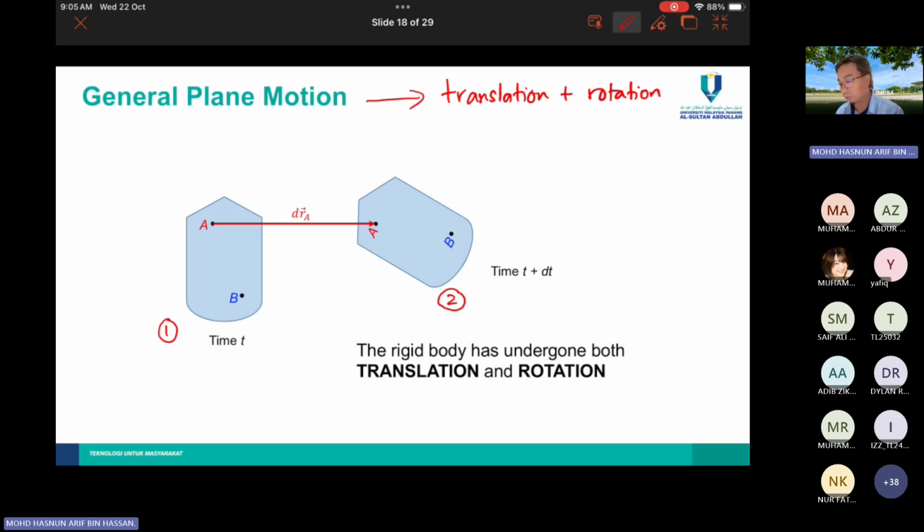So that will be the change of RA, dRA. And we also have point B, which is dRB, at the first position and also the second position. We can also draw the position of B with respect to A, which is called RB/A. And we also have RB/A prime at position number 2.